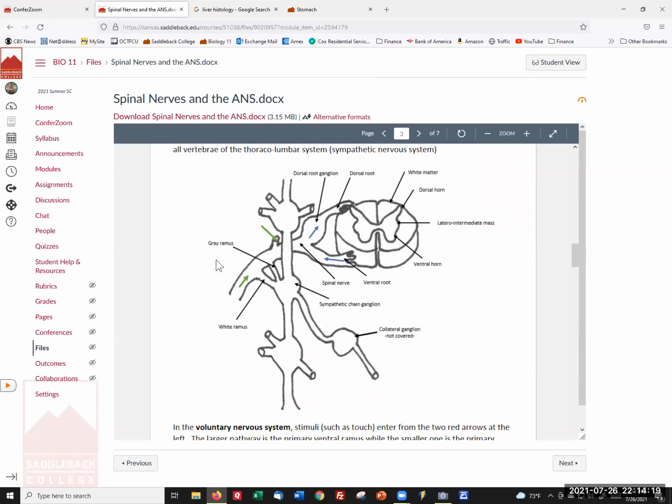You must be very familiar with this diagram. There are many questions on the test asking you to name the parts.